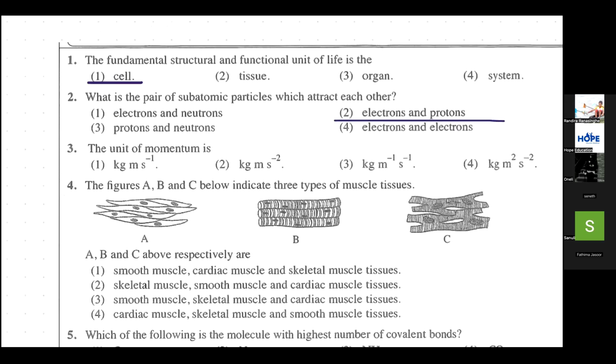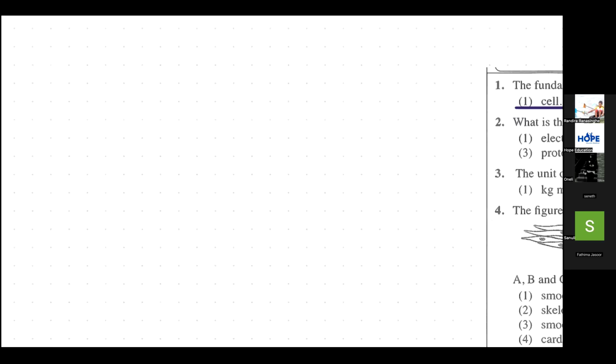What is the equation for momentum? Can you all quickly tell me?